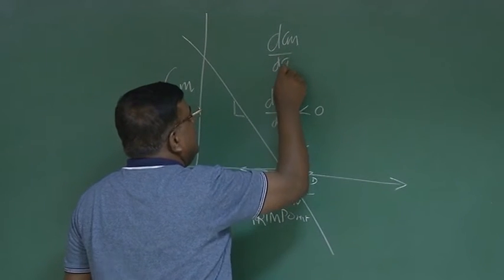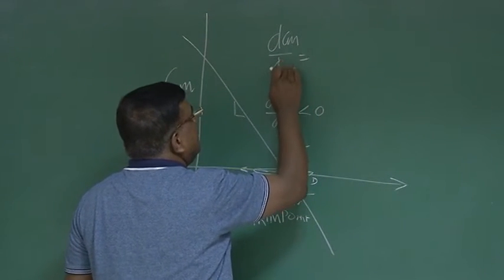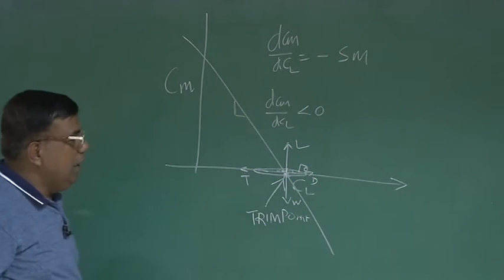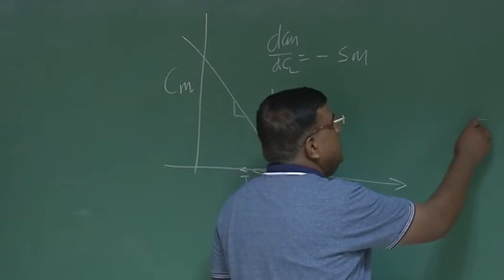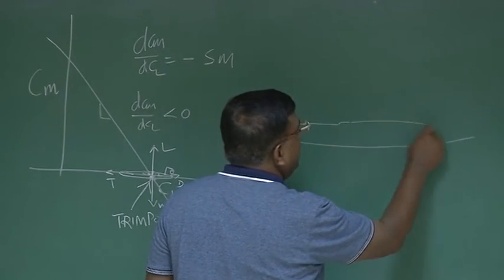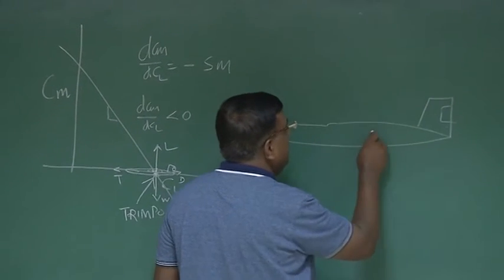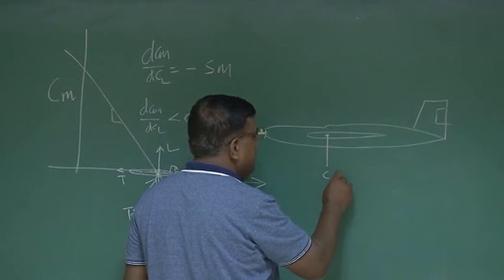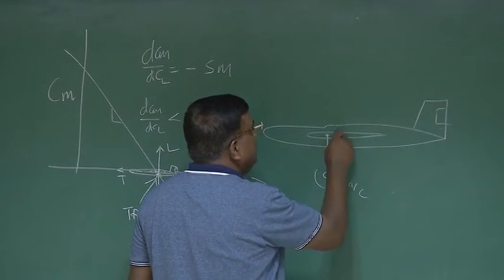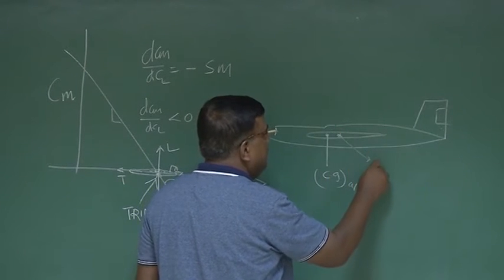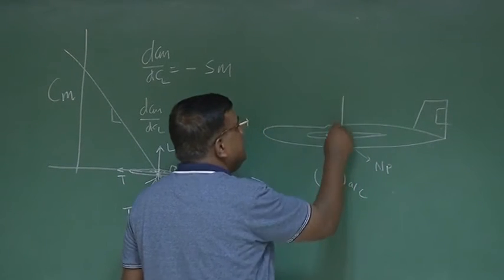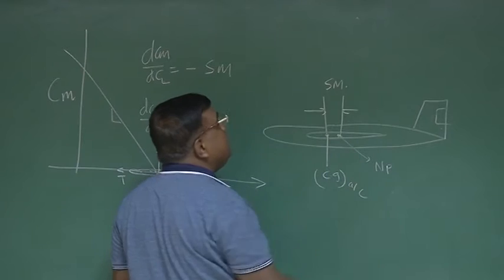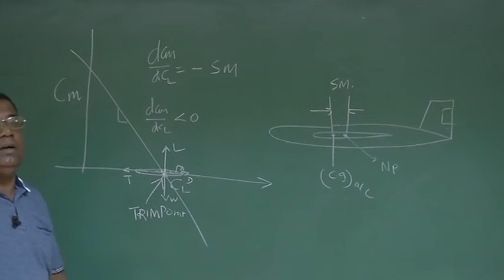The slope is nothing but minus static margin, and static margin we have understood to be the distance between neutral point and center of gravity of the airplane. That is, if this is the CG of the airplane and if this is the neutral point, I write NP, then this distance is the static margin, and which is non-dimensionalized with respect to the mean aerodynamic chord.